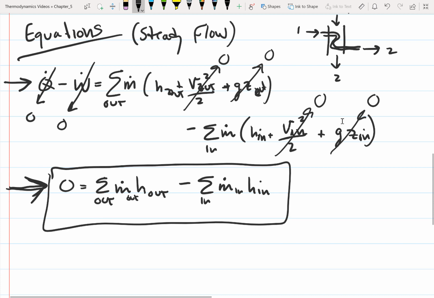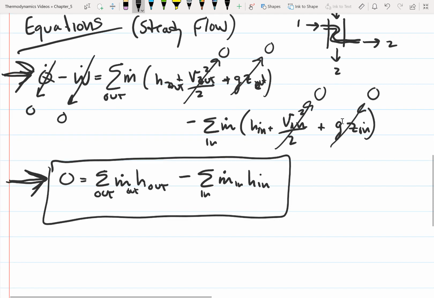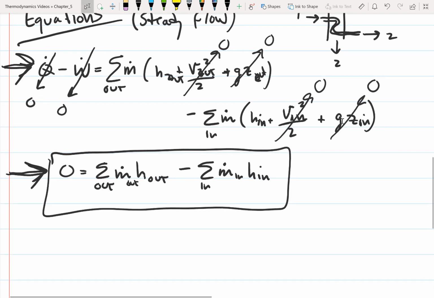There's just a lot of assumptions built into this second equation, whereas the only assumption built into this first equation so far is that it's steady flow. So it's a much more general, non-specific equation to start with, and if you start with it, you're almost always going to get the correct energy balance for your particular system.